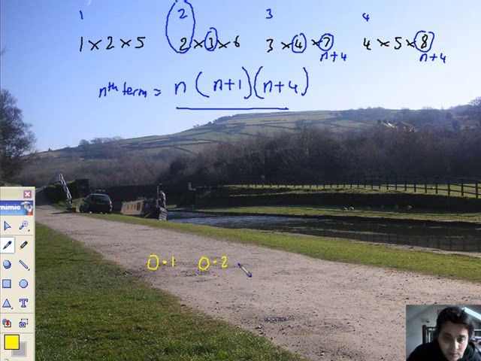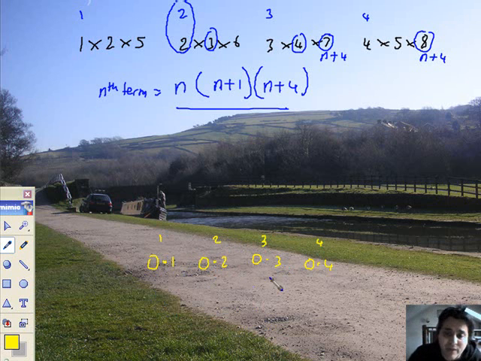0.1, 0.2, 0.3, 0.4, etc. So this is question 12D. First term, second term, third term, fourth term. I can see how 1 relates to 0.1. I can see how 2 relates to 0.2.